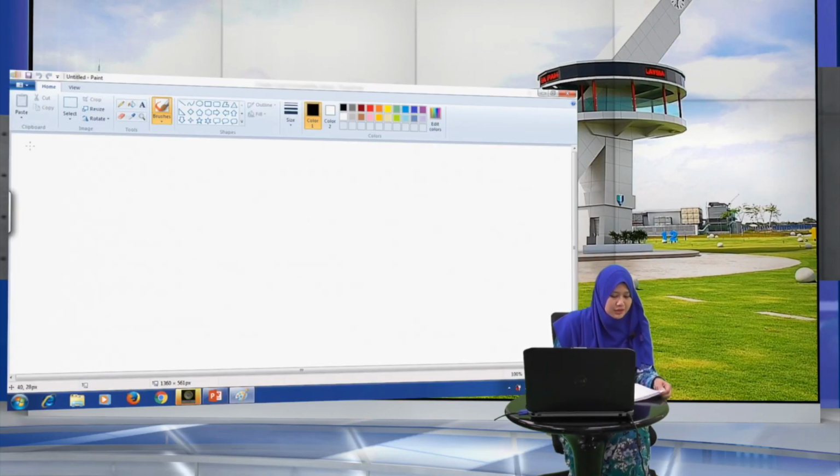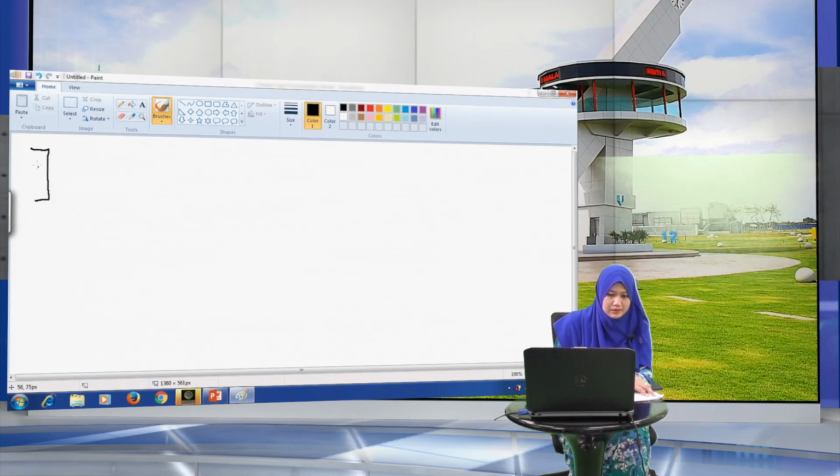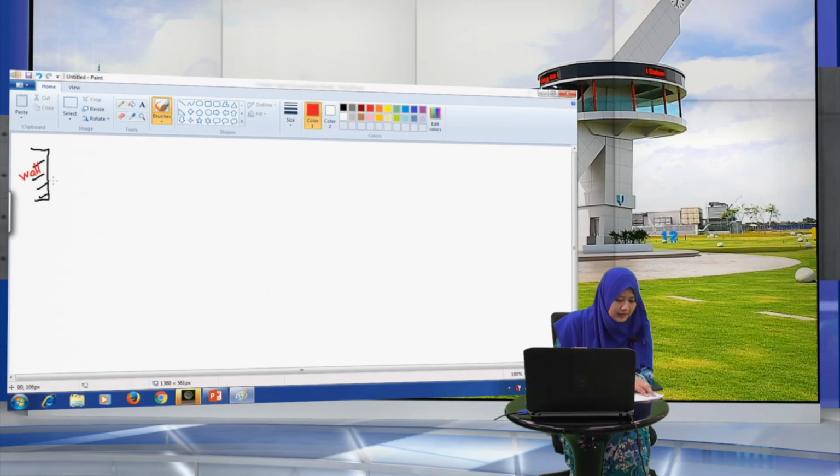Okay, look at this question and take the important information. The top of a 13-meter ladder is leaning against a wall. So let's sketch the ladder. This is the wall, and we have a ladder.